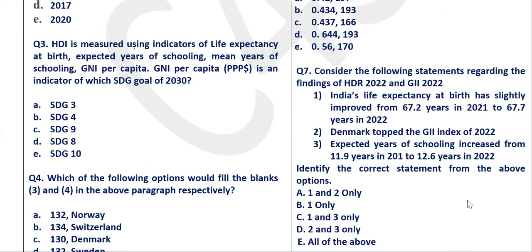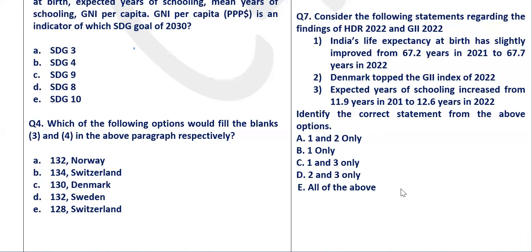Third: Expected years of schooling increased from 11.9 years in 2021 to 12.6 years in 2022. Identify the correct statements from the above options. Options are 1 and 2 only, 1 only, 1 and 3 only, 2 and 3 only, all of them. Students, the correct answer is option E. All of the above given statements are correct. Clear?